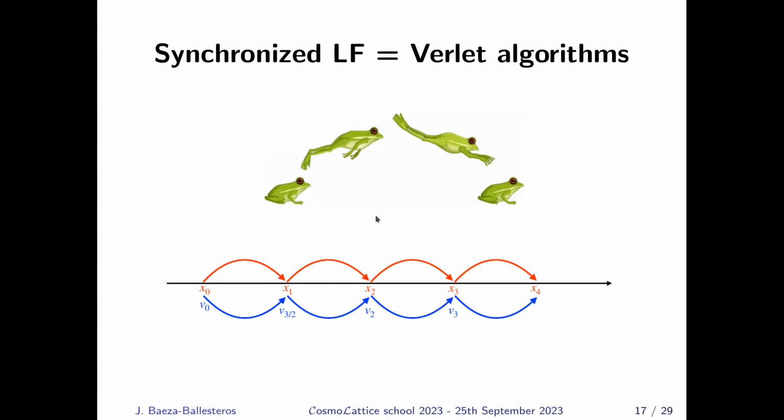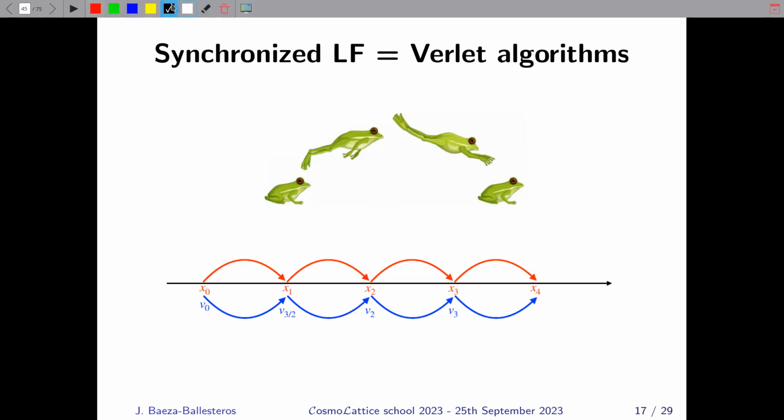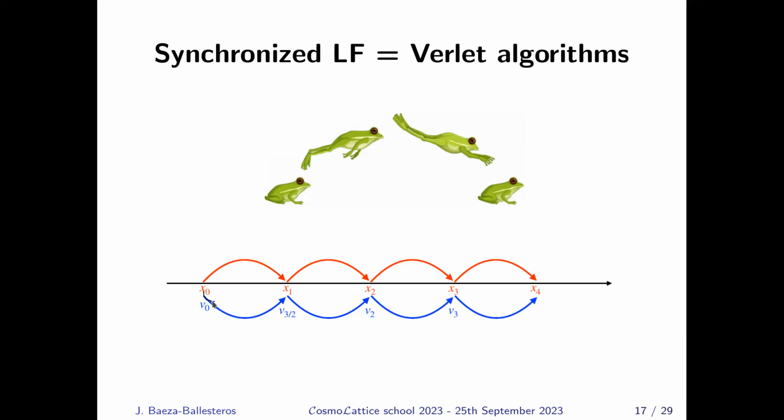And the way in which the Verlet algorithms work is by changing the evolution of the things that were defined at semi-integer time steps into two sub-steps. So you have two quantities that you want to evolve from an integer time to another integer time, and everything is now defined at integer times.